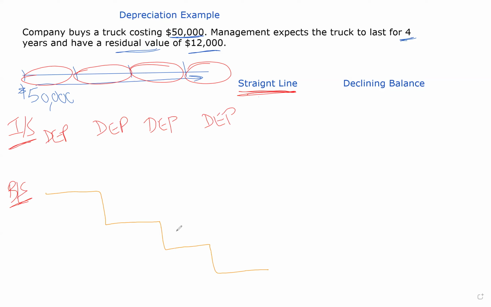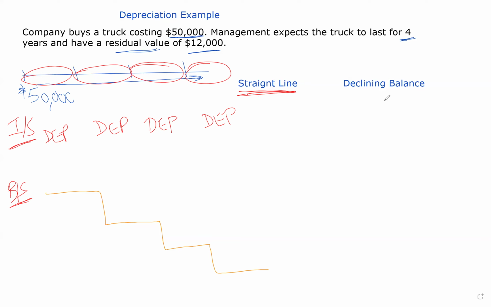So I use this kind of staircase going down so that you can visualize that the carrying value on the balance sheet or the statement of financial position is going to show the cost of the asset less the depreciation expense. So let's figure this out using the straight line depreciation method.